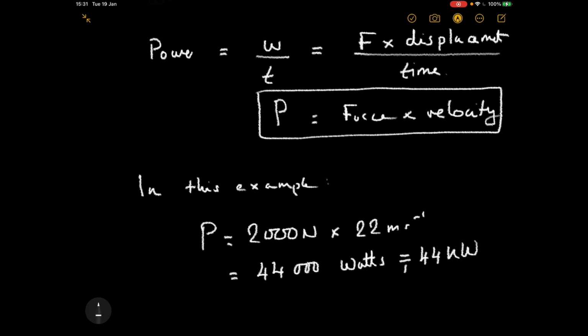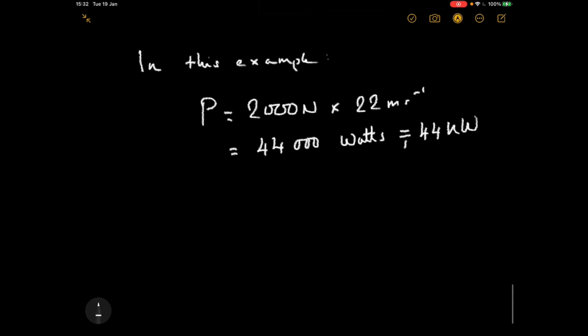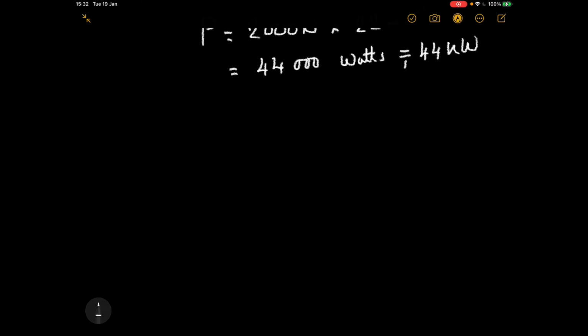So that is an example of how you can work out the power of a moving object, even if the engine is not leading to an increase in the kinetic energy of the object. The final thing is to remember that you can actually do these things in reverse. You can always do a thing of the power of brakes.